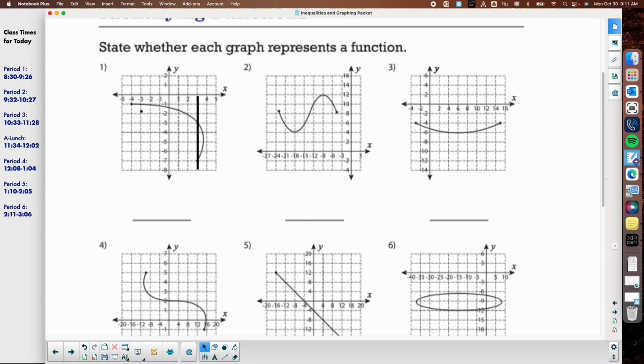Right there, that vertical line hits twice. As soon as it hits twice, it is no longer a function. So this is not a function.